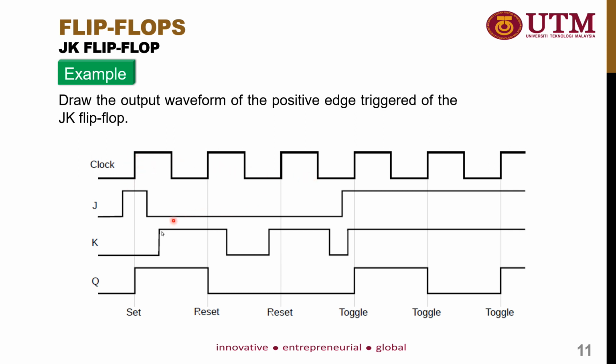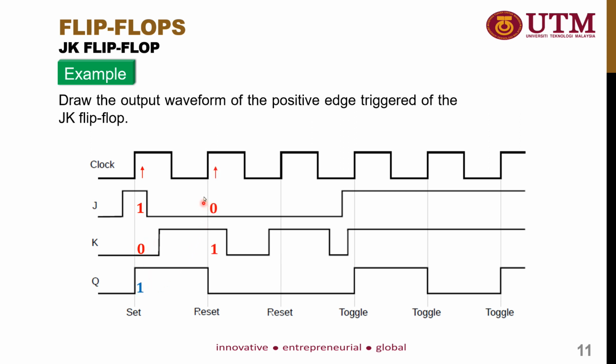For the initial values, you see here J is 0, K is 0, and Q is set to be 0. Then we observe the first rising edge of the clock. At the first rising edge, J is equal to 1 and K is equal to 0, so the flip-flop is in set mode. So Q will become 1.